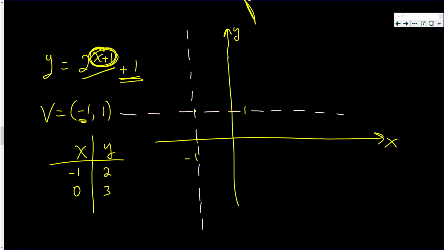When x is negative 1, I go up 2. When x is 0, I go up 3. And here's my graph. Nothing different, except the axes are now the pink axes. And here's your graph.